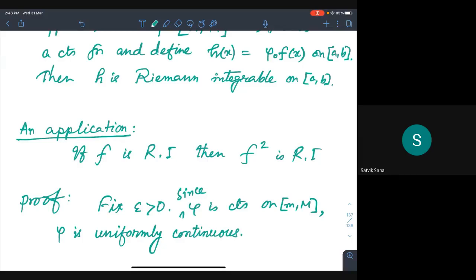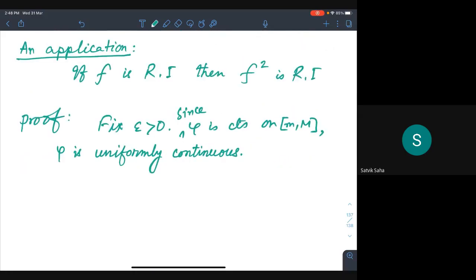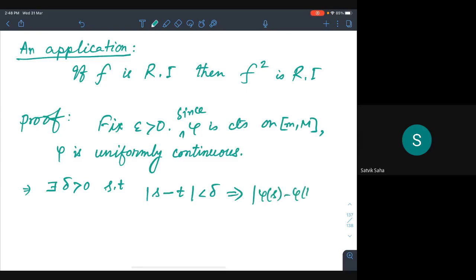Which means for this epsilon, there exists delta greater than 0 such that |s minus t| less than delta implies |phi(s) minus phi(t)| less than epsilon.